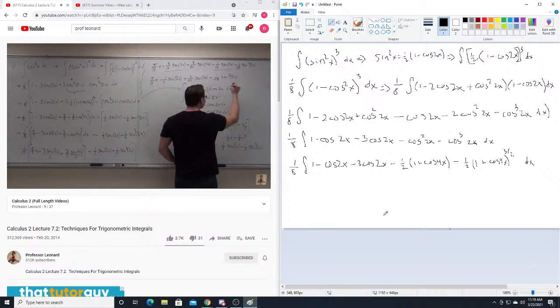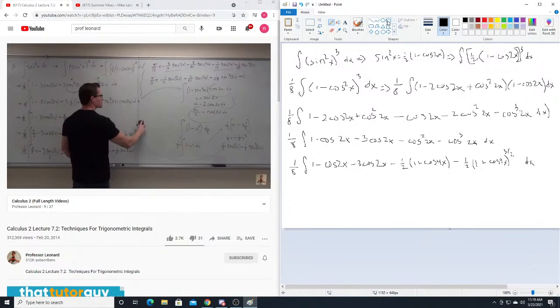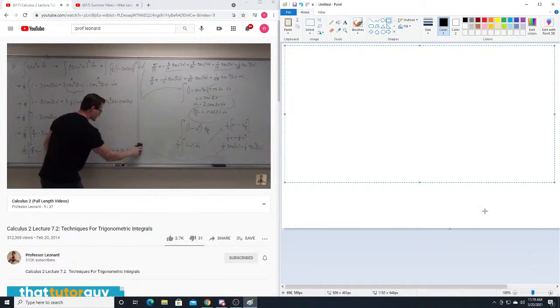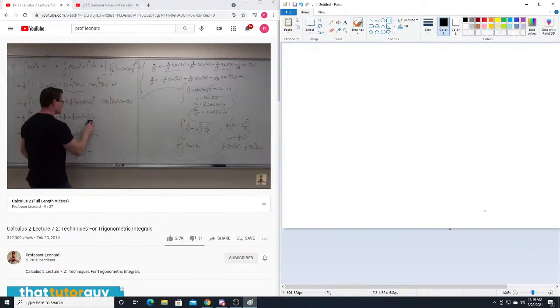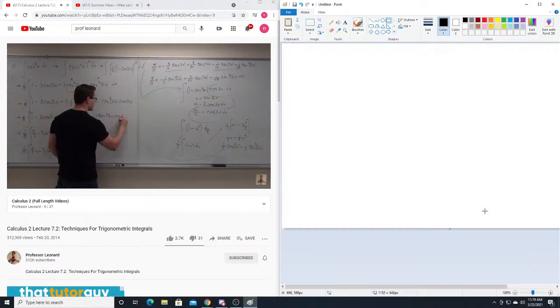And lastly, let's see. Okay, I want to show you one more thing with this. If you didn't do the integral, I do want to prove to you that it does come out the same. So imagine you didn't do this right here. What you'd have is 1 minus sine squared 2x times cosine 2x, all dx.